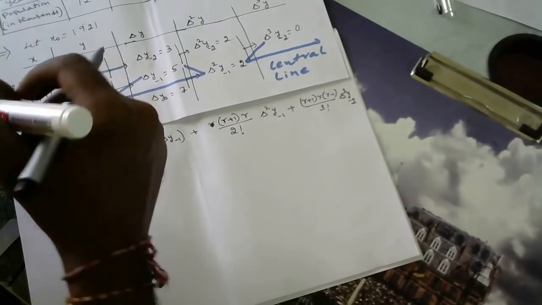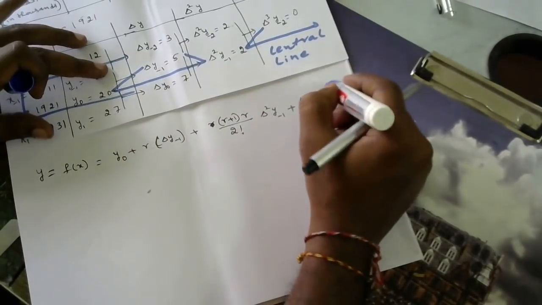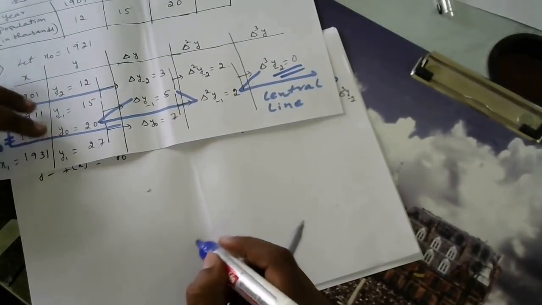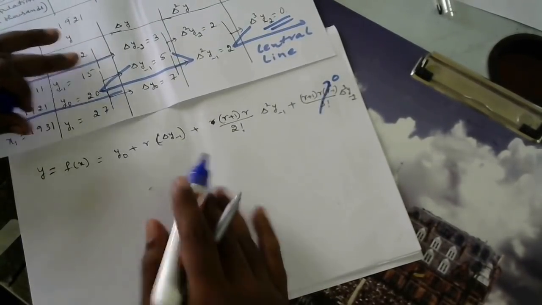So here the last term is 0 because delta cube y suffix minus 2 is 0.